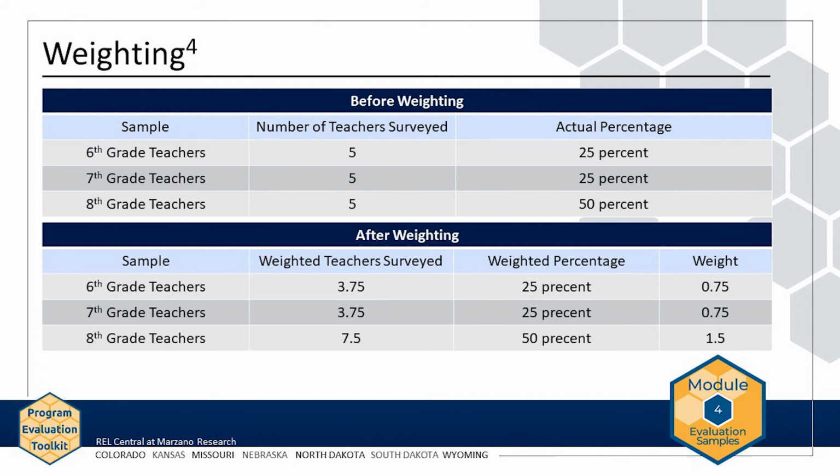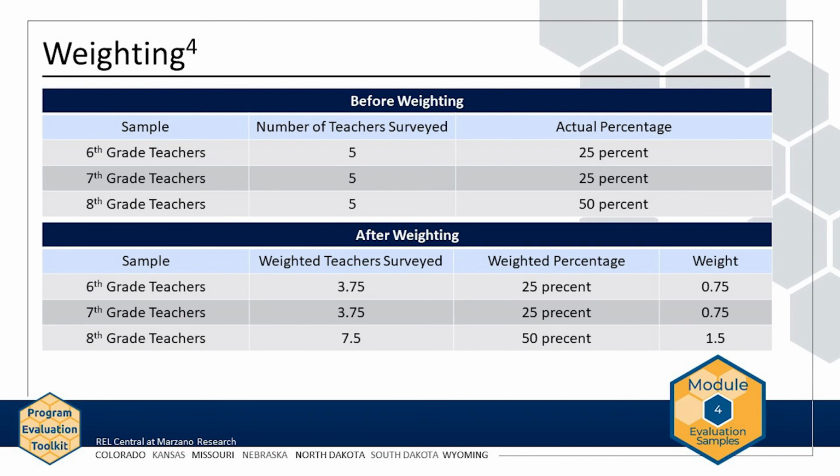The composition of all teachers in the middle school is 50% grade 8 teachers, 25% grade 7, and 25% 6th grade teachers. However, the team's sample includes 5 teachers from each grade. In other words, the composition of the sample is even for all grades, but grade 8 teachers make up a larger proportion of all math teachers.